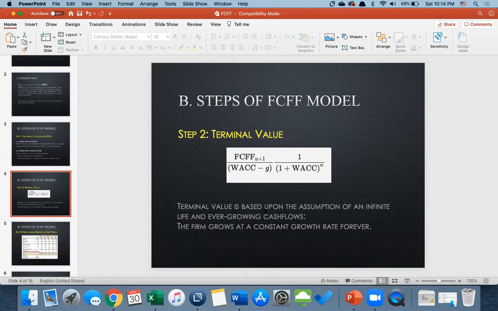I want to point out here that the terminal growth rate is very critical regarding the final value of the firm. So that's why we're going to do the sensitivity analysis based on the terminal growth rate at the end.